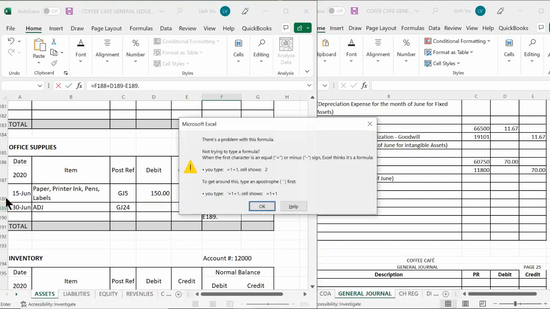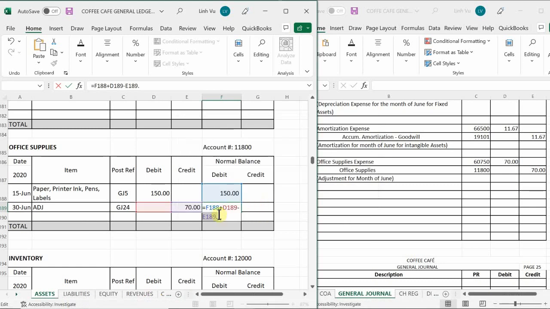Whoops, typo. There's something wrong with my Excel today. I should have $80 left on hand, which is true.